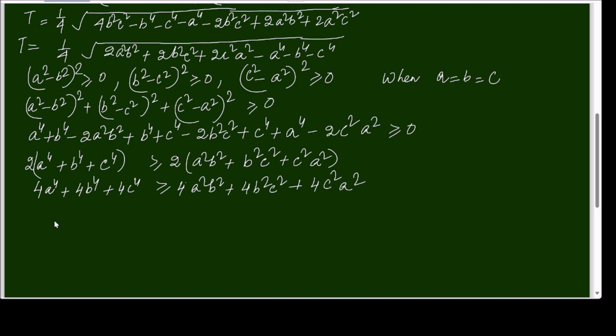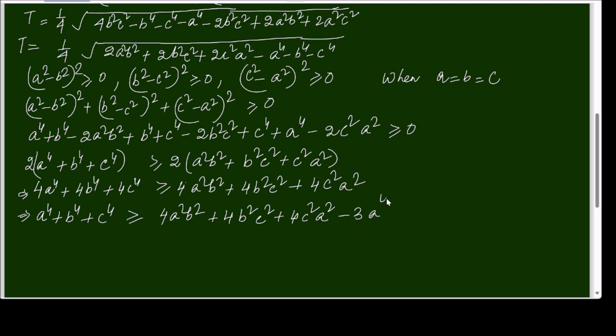Out of this 4, I'll keep a^4 plus b^4 plus c^4 here on the left hand side, and I'll take 3 to the right side. So here it will be 4a square b square plus 4b square c square plus 4c square a square minus 3a^4 minus 3b^4 minus 3c^4.